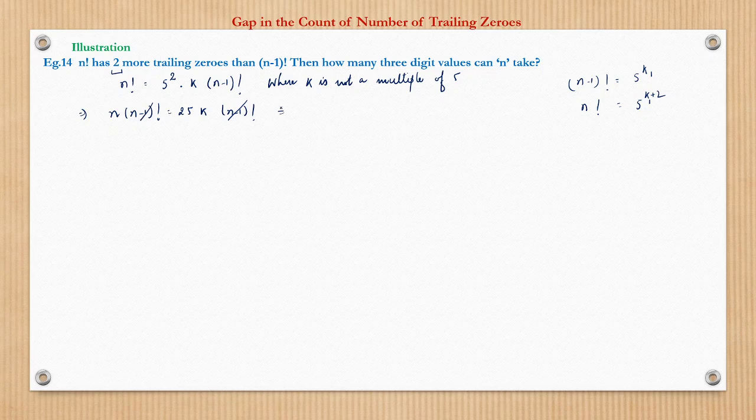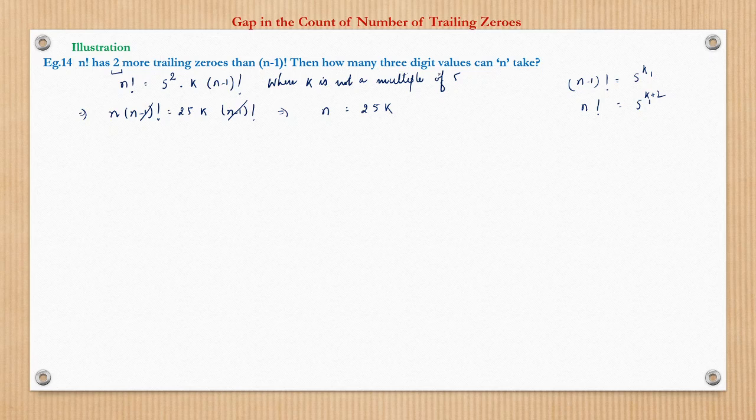So from here I can write that n is nothing but 25k, right? So n is a multiple of 25.